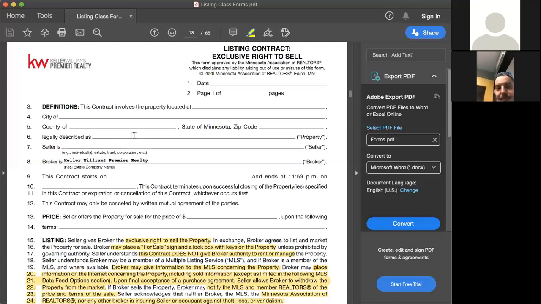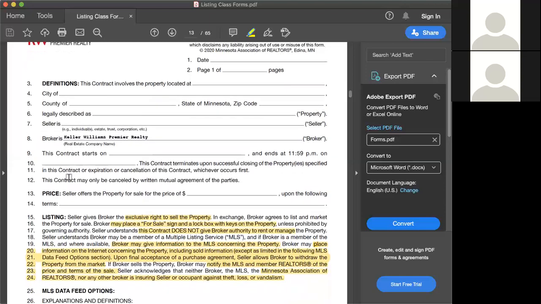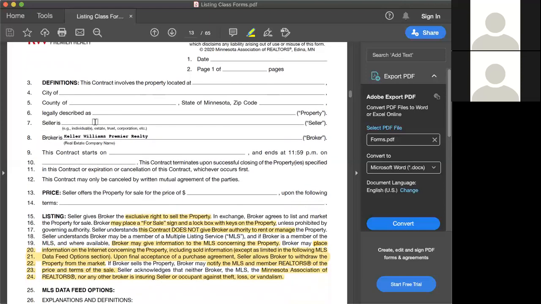Okay, but make sure that if you're saying see attached, there's actually an addendum attached. Make sense? Okay. So seller, we want to make sure that we're putting down their name. If it's an individual, great. Married couple, perfect. If it's a trust, you want the name of the trust. If it's a corporation, obviously the name of the corporation.